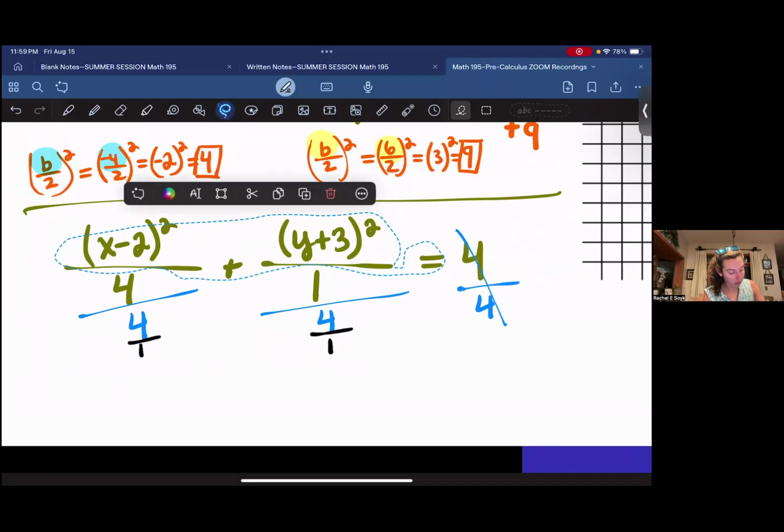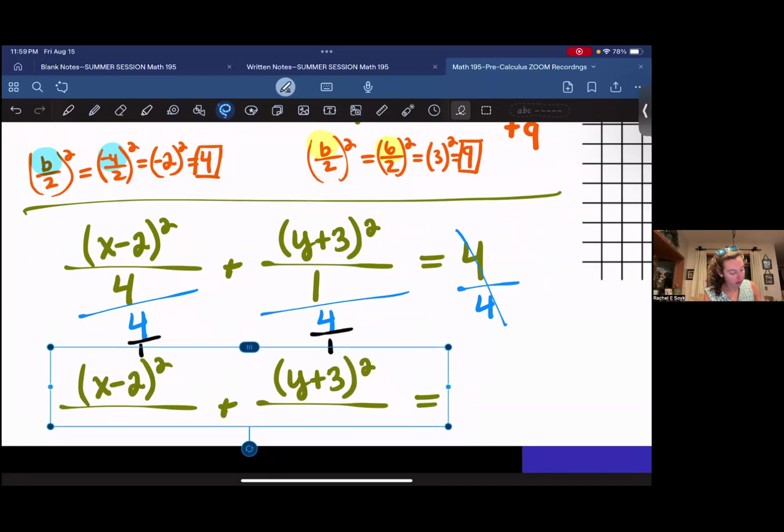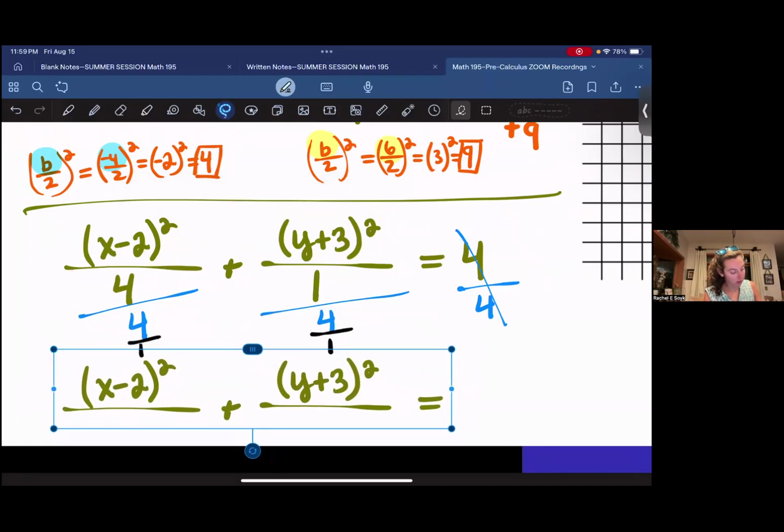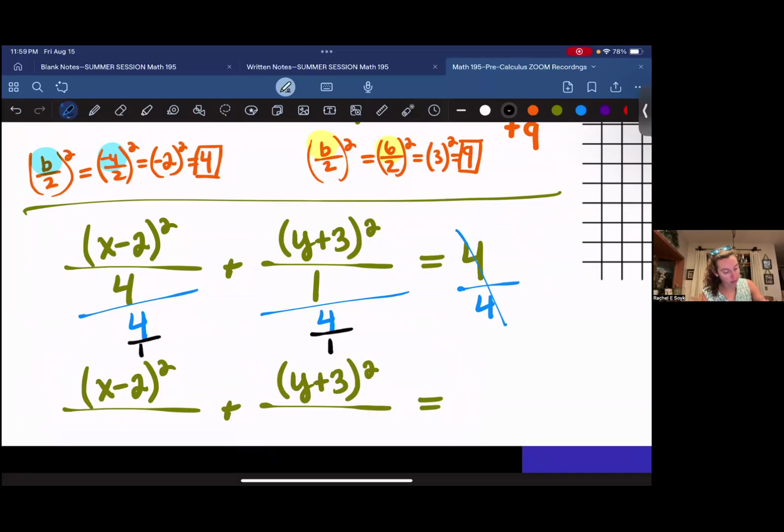But the denominators will now change. And our new denominators are going to be 16, because 4 times 4 gives you that 16, and 4. And then we get 1. And now it's officially in standard form.